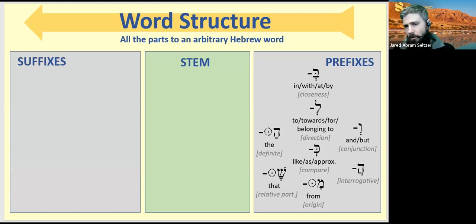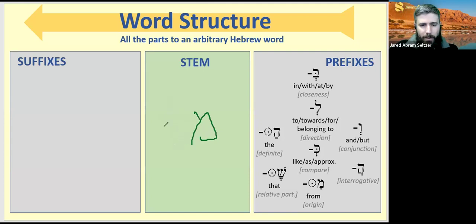Is it possible to have multiple prefixes on a word? Oh yeah, absolutely. If you're going to have multiple prefixes on a word, they would roughly follow this order right here. You would expect your vav or your interrogative particle first. These prepositions can actually stack, like mi lifnei is a word that stacks two prepositions.